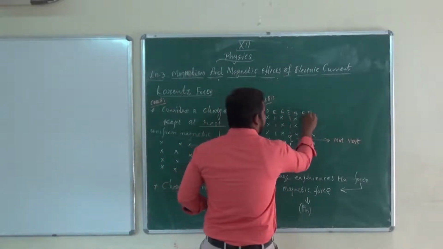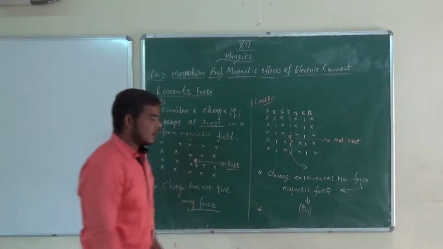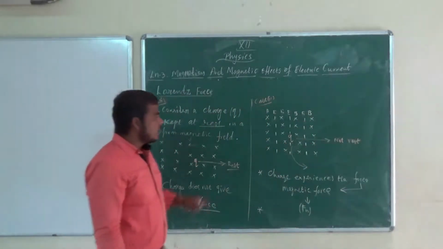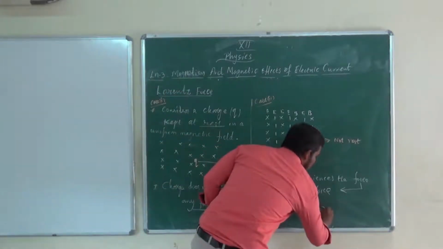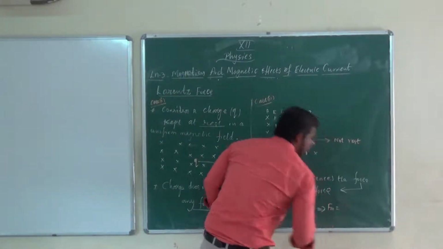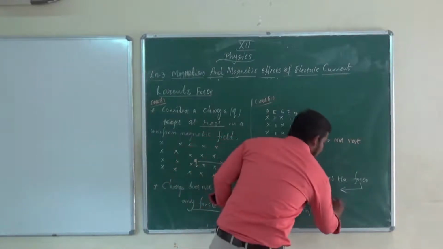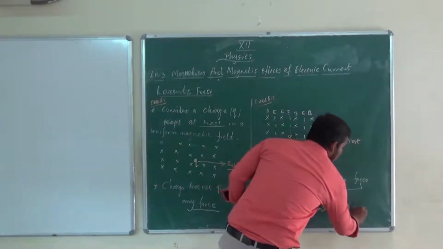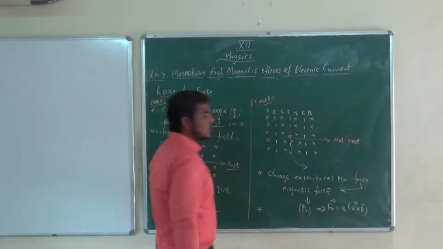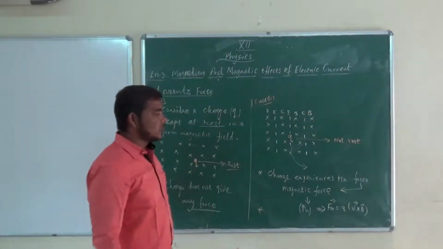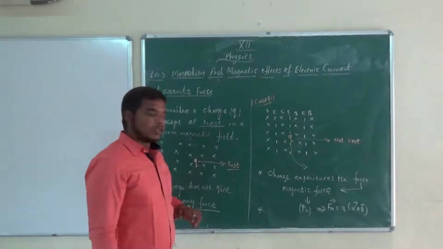Here B means magnetic field, E means electric field. The magnetic force is represented by F equal to Q V cross B, in vector form. V is velocity, B is the magnetic field, Q is the charge.